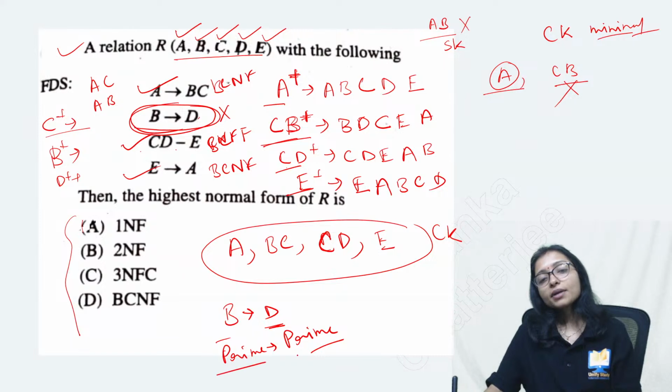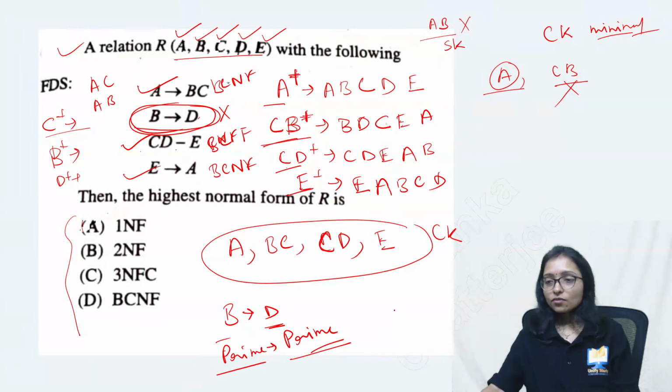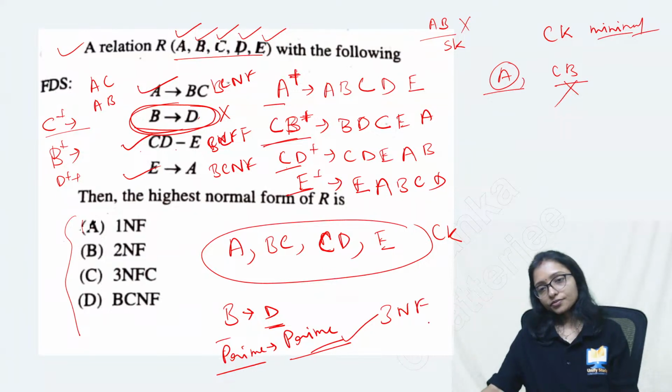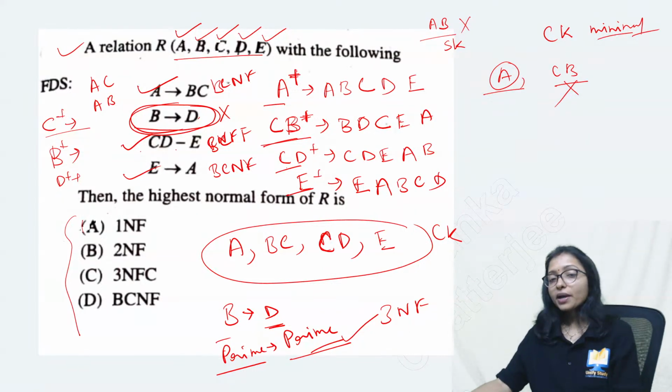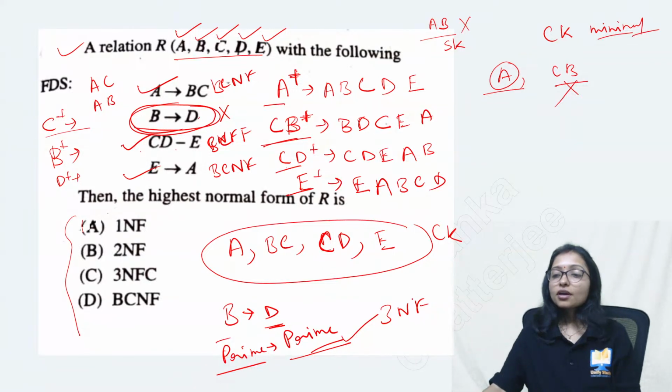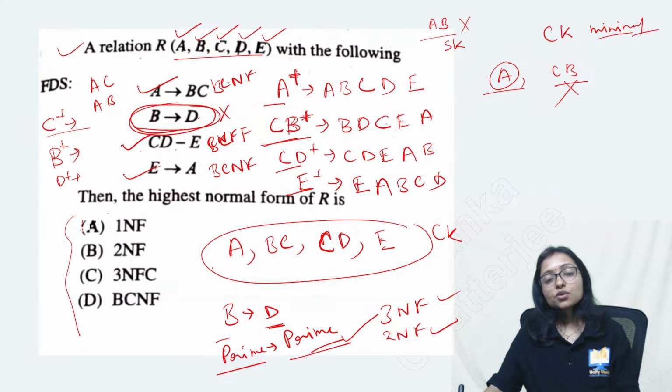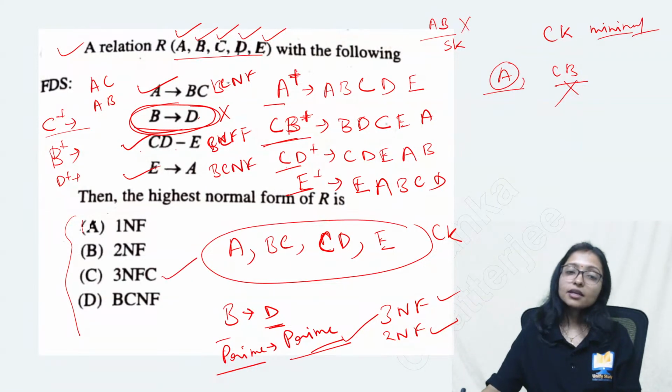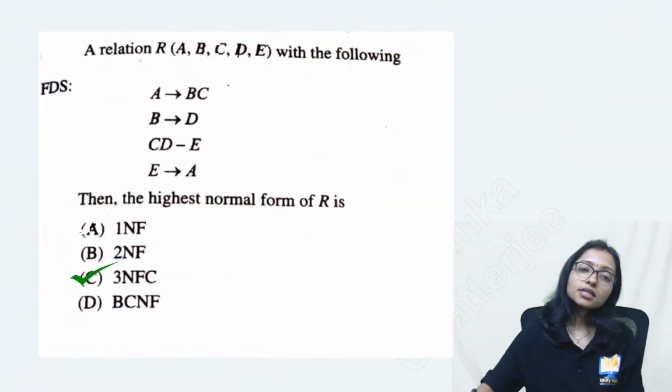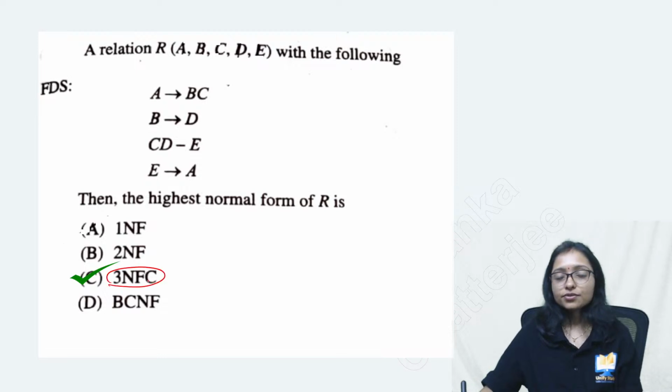So it is ultimately prime to prime. Prime to prime is allowed in 3NF, and it is allowed in 2NF also. That's why this will be in 3NF. So your answer will be 3NF.